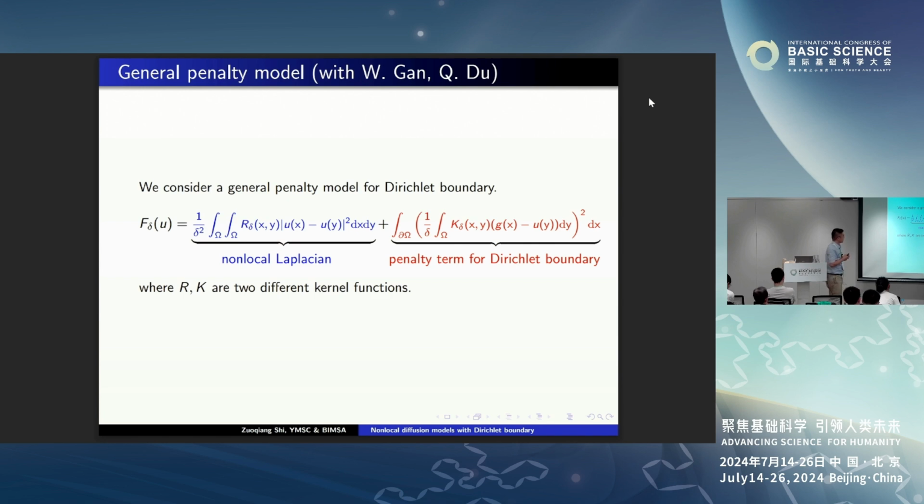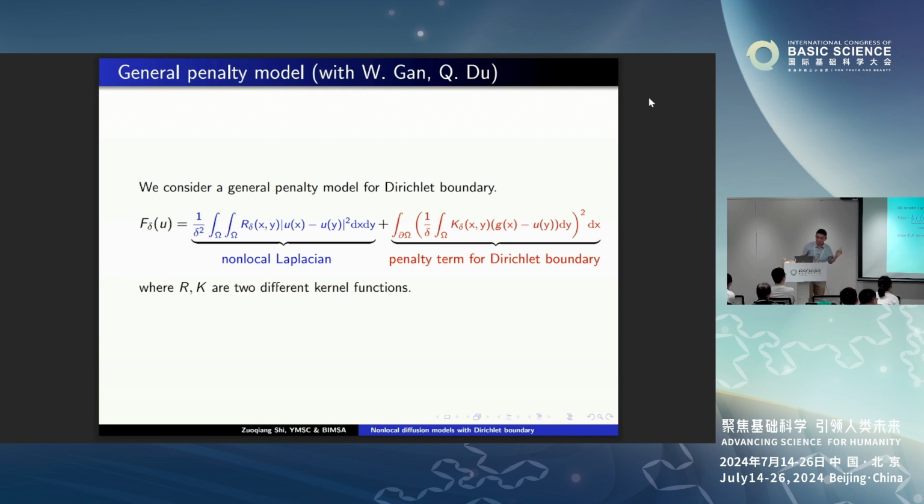to get that good property. Then the other question is: for what kind of kernel functions can we get convergence? We want to relax the conditions on the kernel functions to see the limitation, the boundary in the other direction. But if R and K are just general kernel functions, we cannot get such strong convergence, in the H1 norm or the infinity norm.